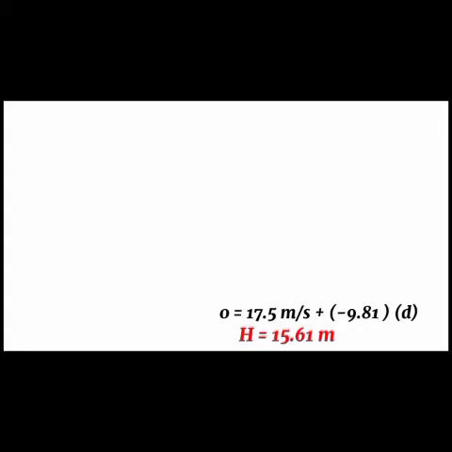Ngayon, yung initial velocity given na siya na 17.5 meter per second squared plus 2. Dahil nga upward siya, so negative 9.81 times yung distance or yung height. So, bali yung value ng height natin is 15.61 meter.